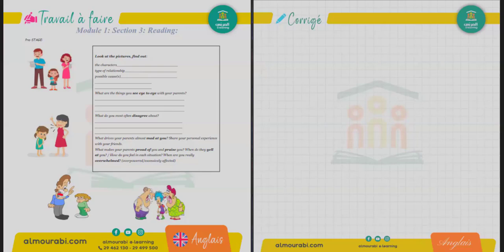To remind you, module 1 is "In Times of Test, Family Is Best", dealing with family issues. As usual, if you have any remarks or need further explanations, please, you are welcome. We are here to help you all.